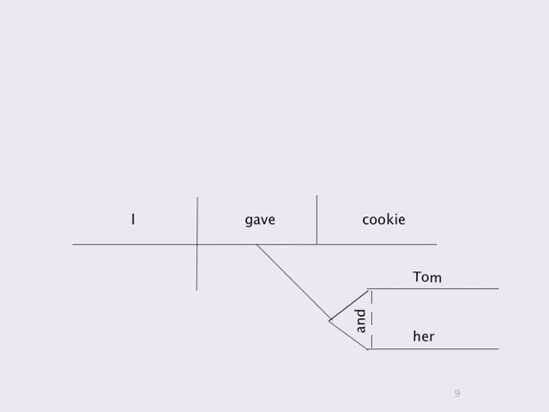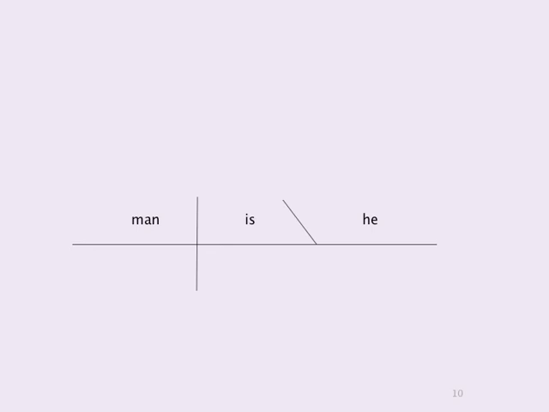Now the next one, some people might want to say, I gave Tom and she the cookie. But that's not correct. You have to use her because look where it's at. It's in the indirect object spot. So I have to use an object pronoun, which is her. The last one is probably the trickiest.